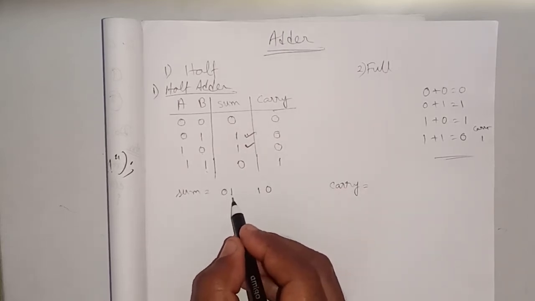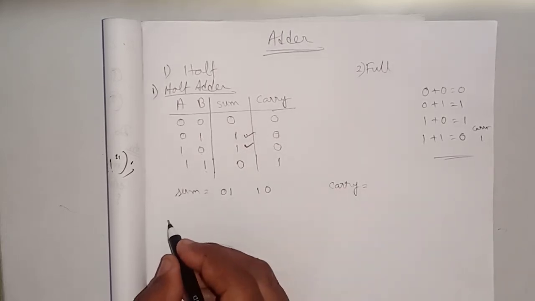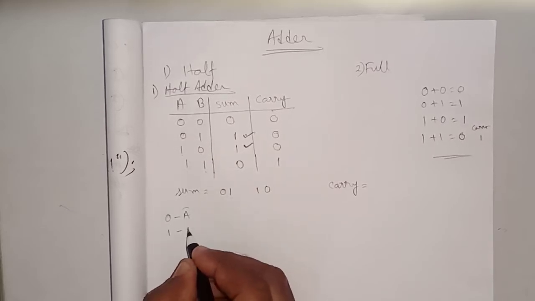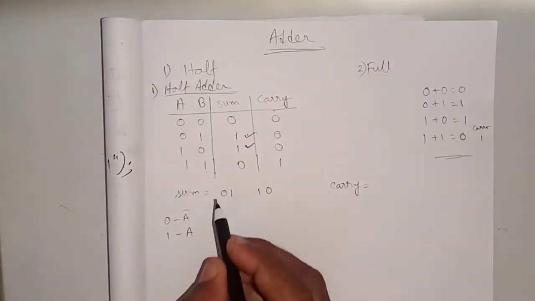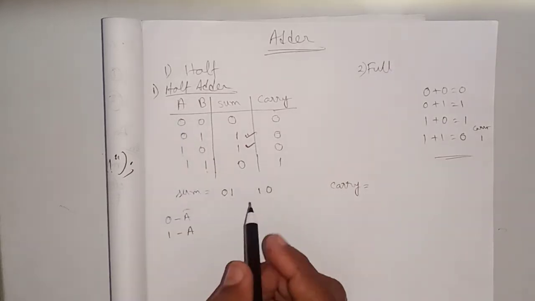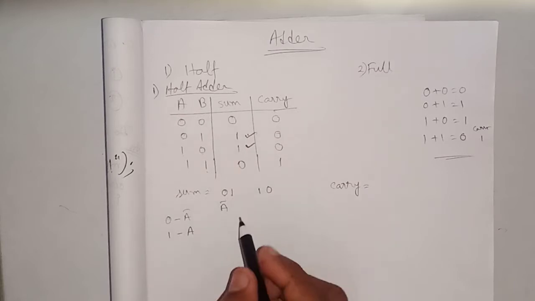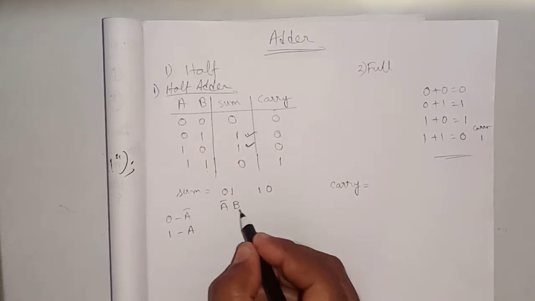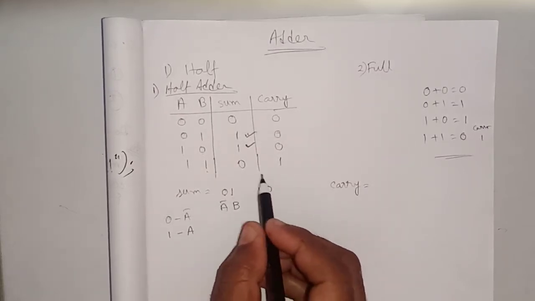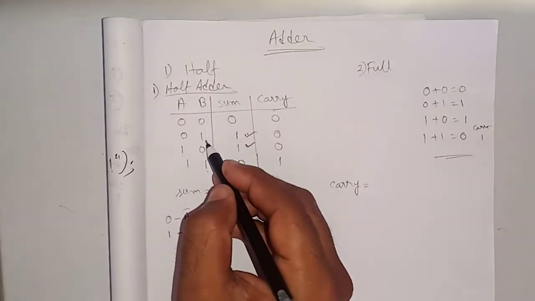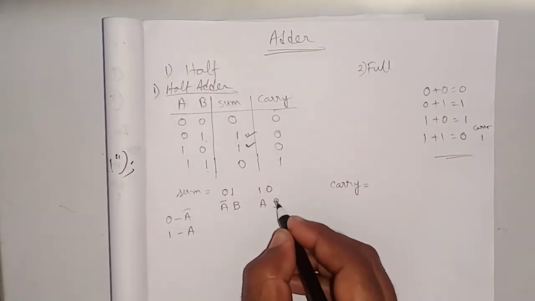We already know 0 indicates bar and 1 indicates non-bar. So first 0 for A, so we write A bar. 1 means B, so we write B. This 1 indicates A, so A. This 0 means B bar.